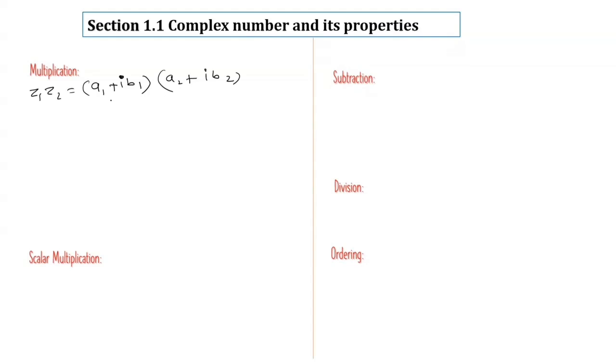So a1 with both components of the real part and imaginary part of the second number. So we can write it here as a1 multiply a2 plus iota a1 multiply b2, and then plus iota b1 multiply a2, and then iota square b1 multiply b2.